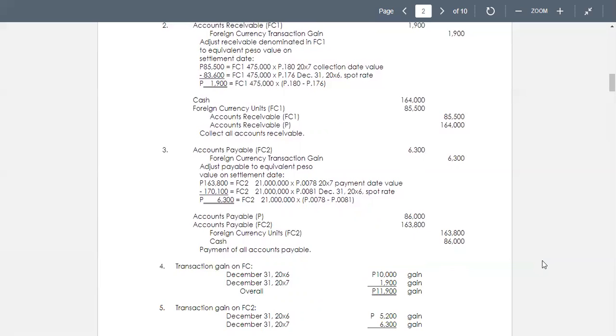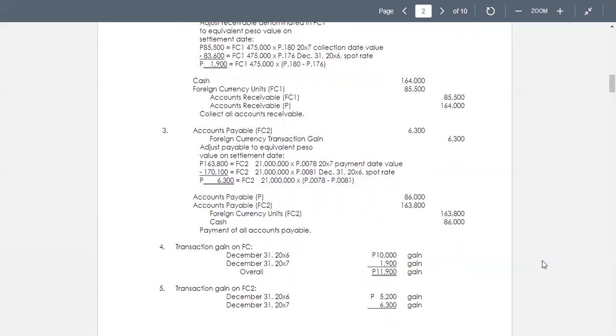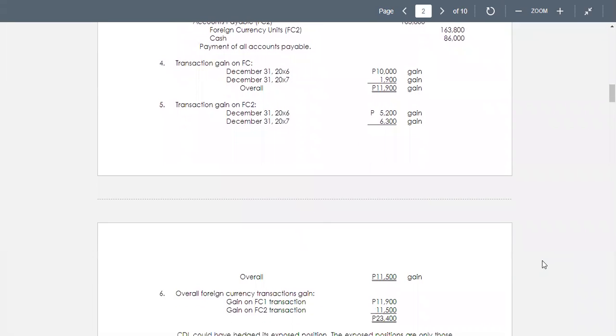So for FC1, 11,900. Then we have on FC2, 5,200 and 6,300 as recorded previously. So the overall is 11,500.